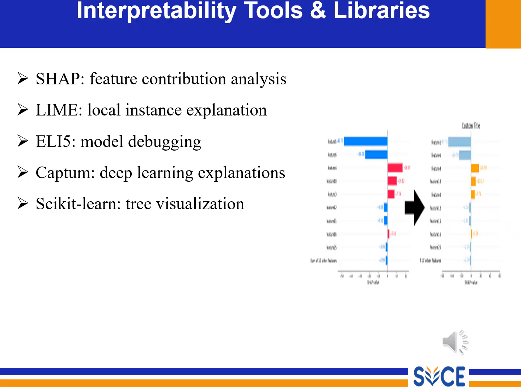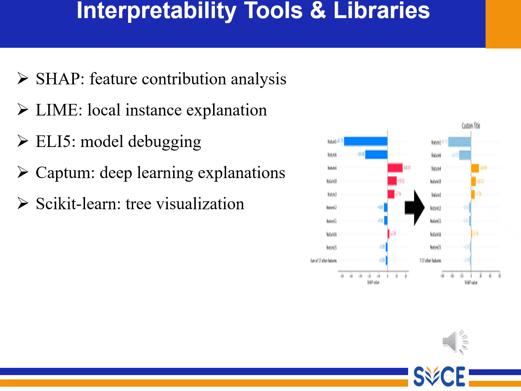The second one is LIME, Local Interpretable Model-agnostic Explanations. LIME explains individual instances by building a simpler local model around that prediction. And then ELI5, which means Explain Like I'm 5. A great tool for model debugging.